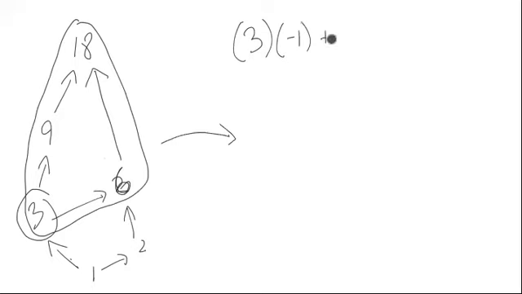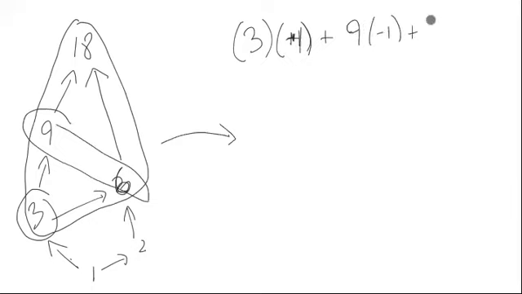Now at this level, I'd have a +1, sorry, a +1 contribution to the top. At this level, I would have a -1 contribution. And at this level, I'd have a +1 contribution.